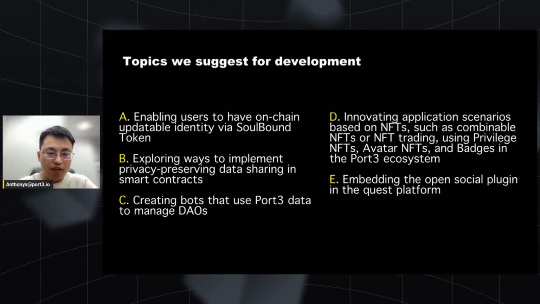And second, you can explore ways to implement privacy-preserving data sharing in smart contracts. Or create bots that use Port3 data to manage your DAOs, or do some jobs just like the demo did.